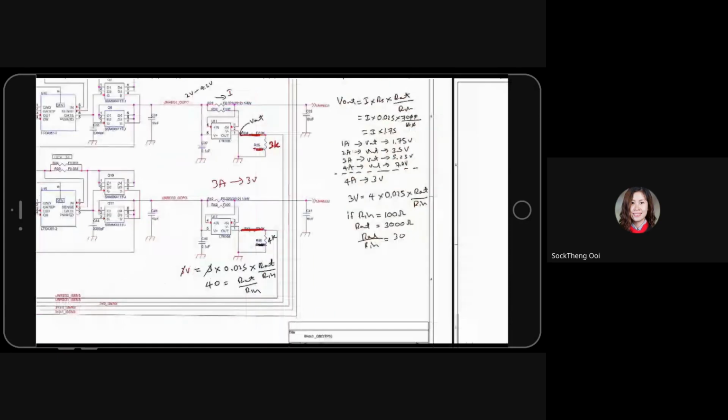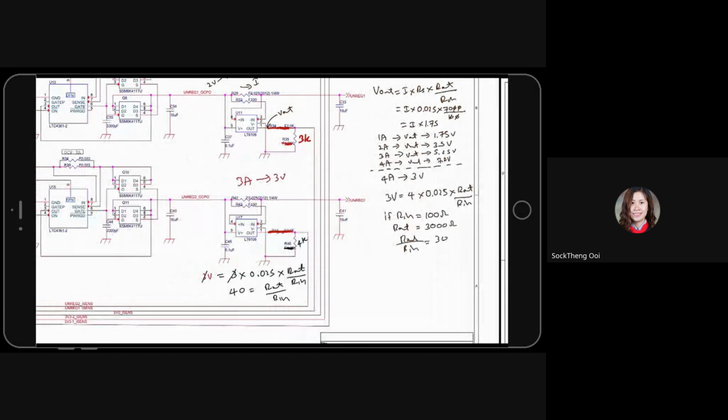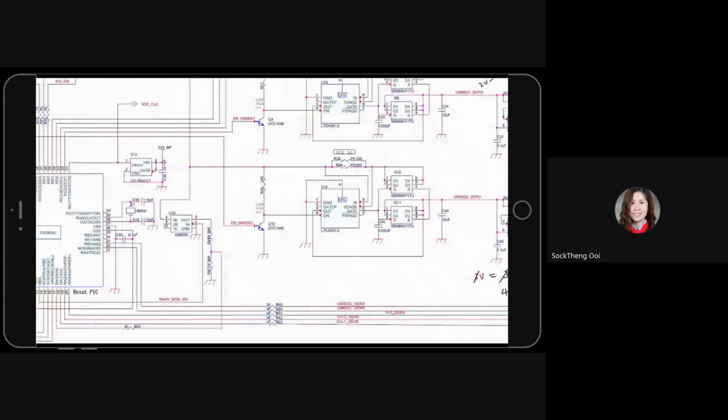May I know, after the sensor, there is a line connecting to the PIC 16F? Yes, PIC here.